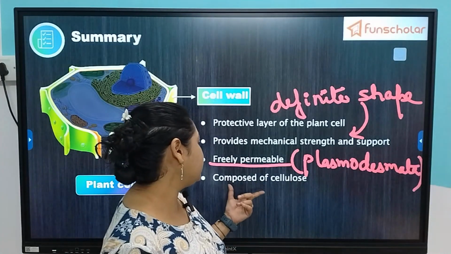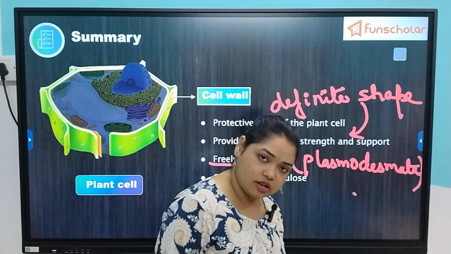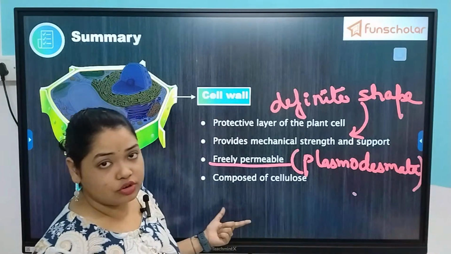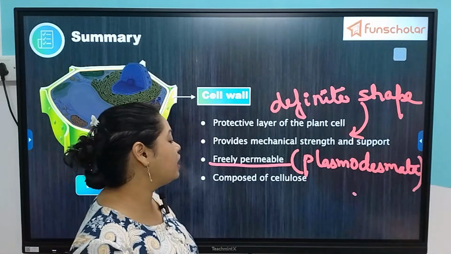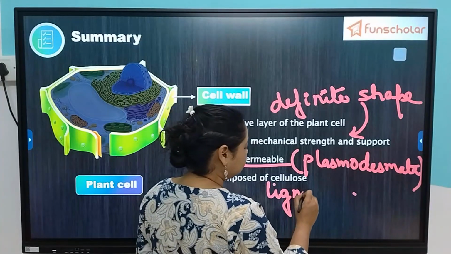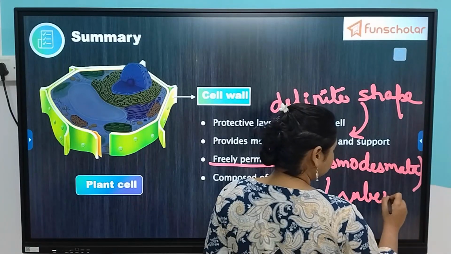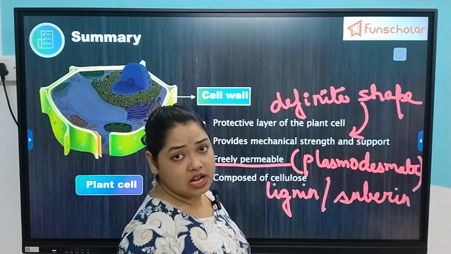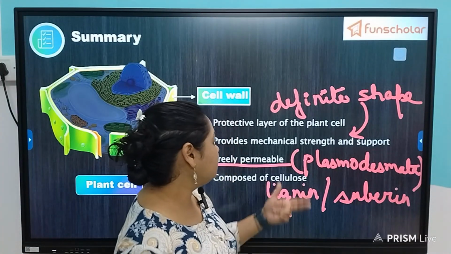So that is why they are freely permeable, so that the important molecules can pass through them, and they are composed of cellulose, as I already told you. Along with that, in some cases they also have deposition of lignin or suberin to make them water resistant and hard, and also to provide more mechanical strength.